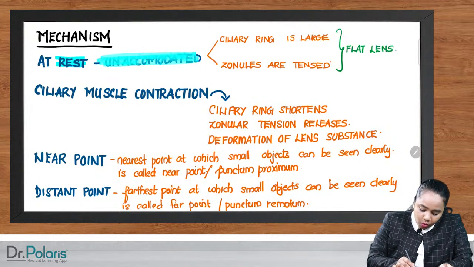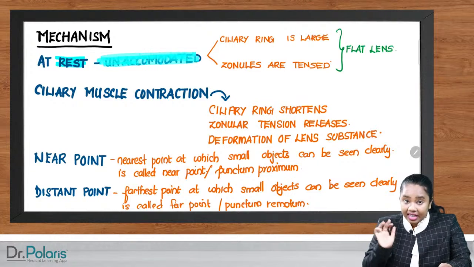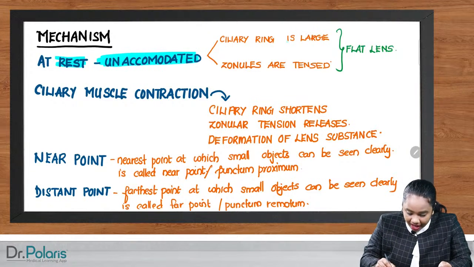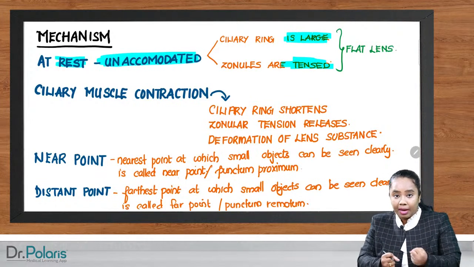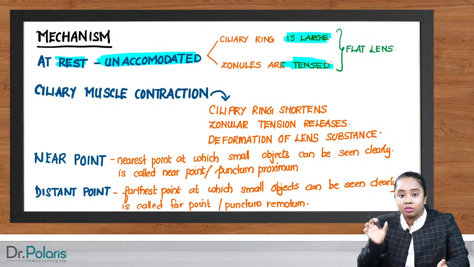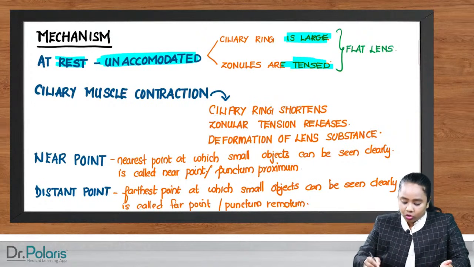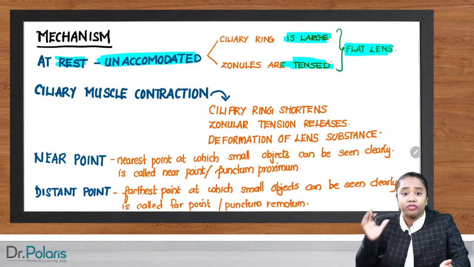At this time, the ciliary ring is large, and the zonules connecting it are very much tensed. They are pulling the lens apart on either side. So the lens becomes a flat lens.